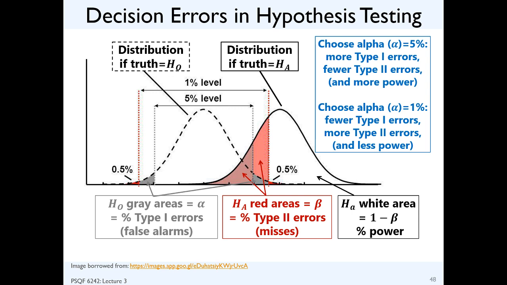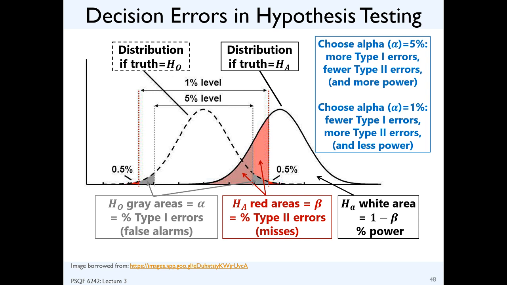I can tell you what is convention. By convention, in the social sciences, alpha is almost always 0.05, and power is desired to be 0.8, which means the type 2 error rate is 0.2. I'll say that again. If power is 0.8, 80% of the time we will find the effect that is really there.